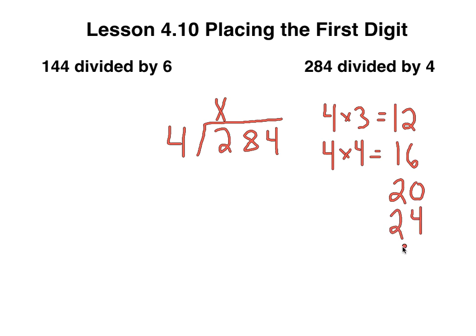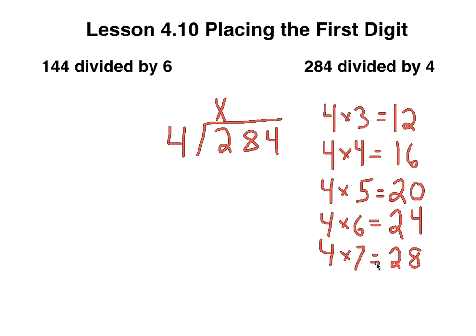We skip count. 28. But how many times did it take me to get there? Well, let's see. 4 times 3 was 12. 4 times 4 was 16. 4 times 5, 5 jumps would be 20. 4 times 6 was 24. And 4 times 7 was 28.